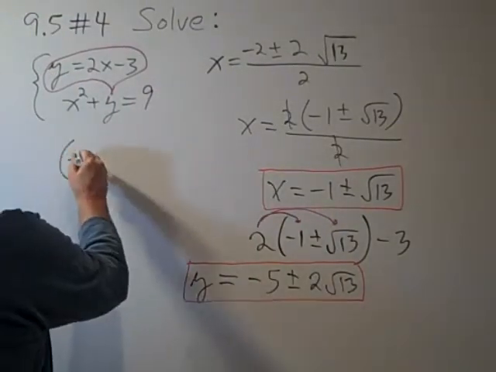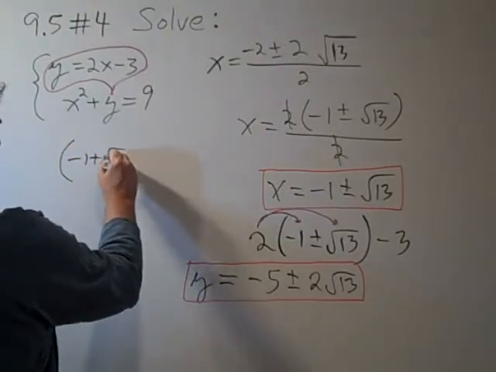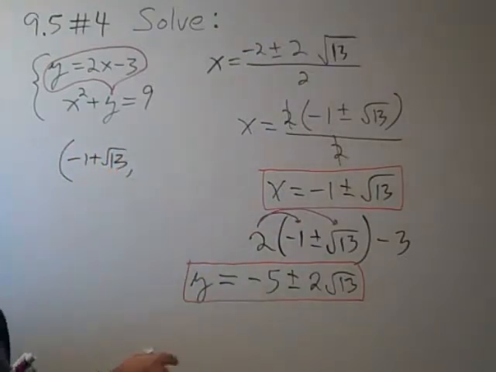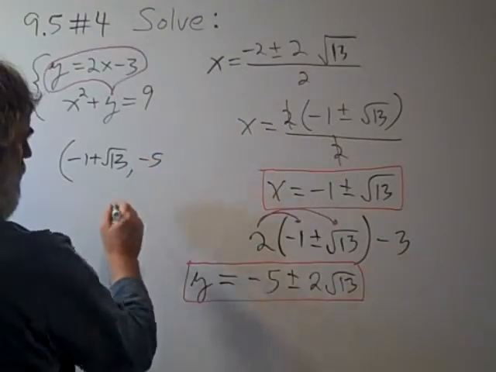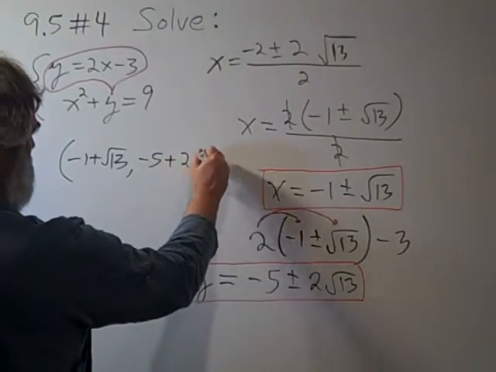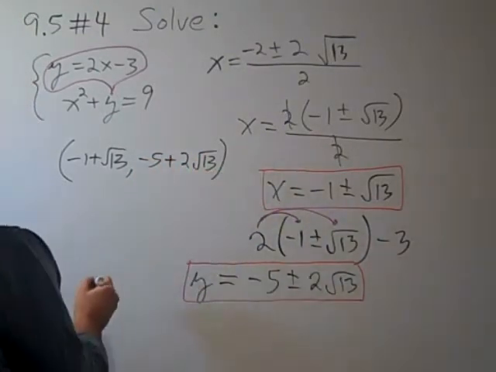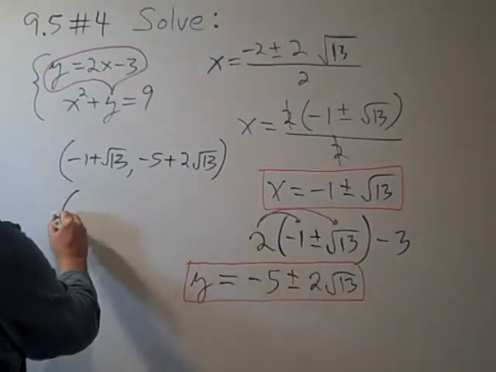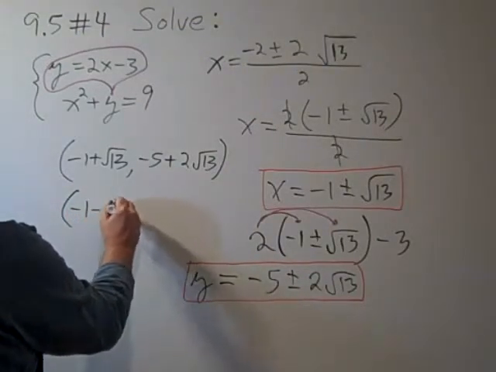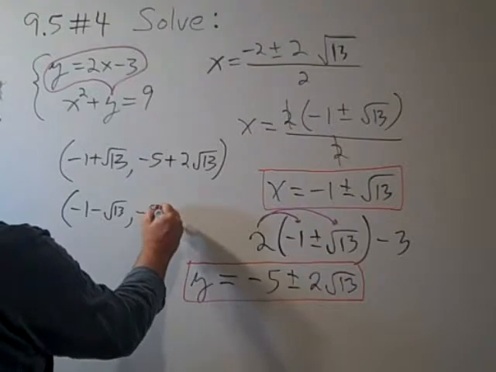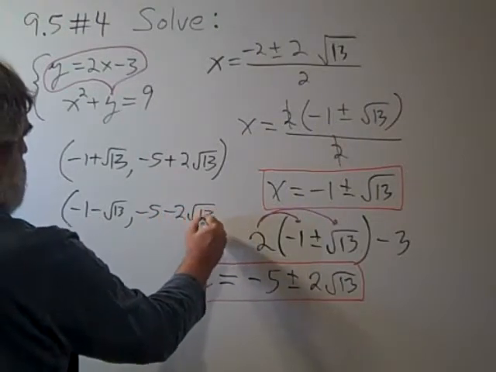where x is negative 1 plus the square root of 13, and y, the y that goes with that one, is negative 5 plus 2 times the square root of 13. That's one point. And the other point is negative 1 minus the square root of 13 and negative 5 minus 2 square roots of 13.